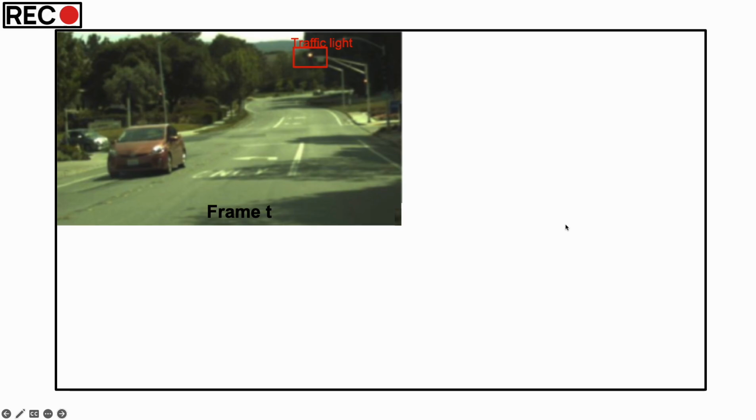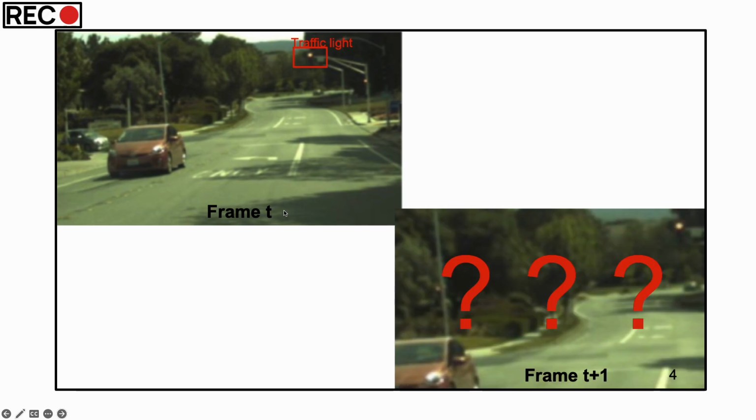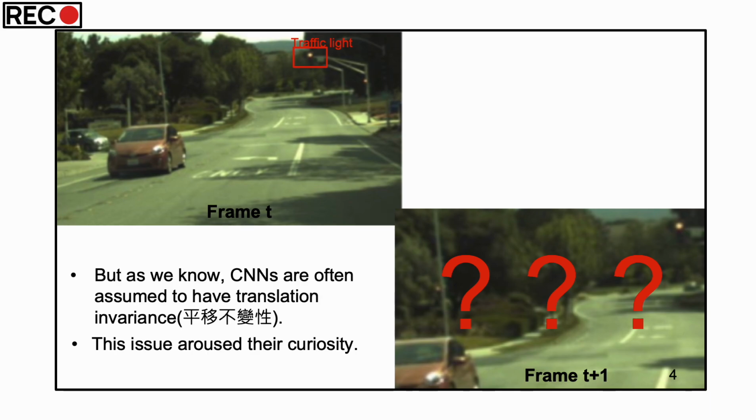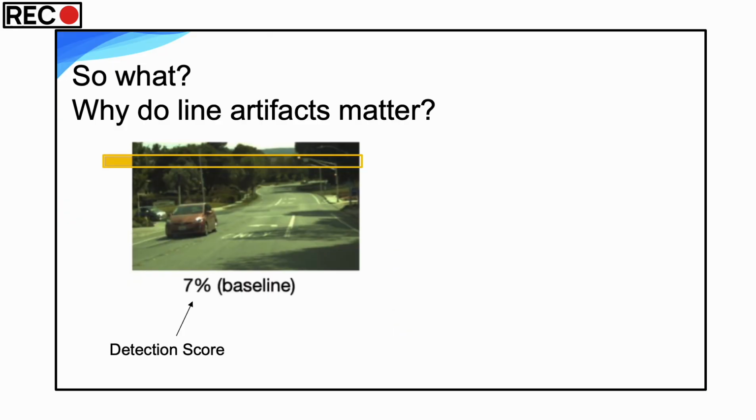The researchers found that a CNN-based detector is capable of detecting a small but visible traffic light with a high score in one frame, for example frame T. However, when the vehicle moves a little forward, the model suddenly fails to locate the traffic light. But as we know, CNNs are often assumed to have translation invariance, and this issue aroused their curiosity.